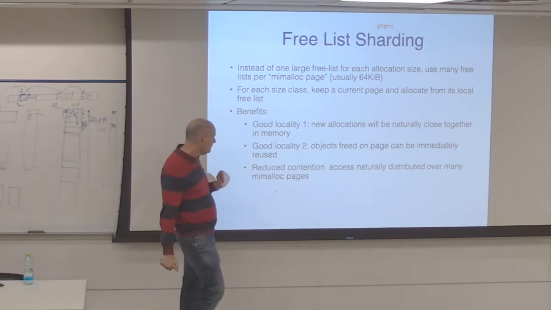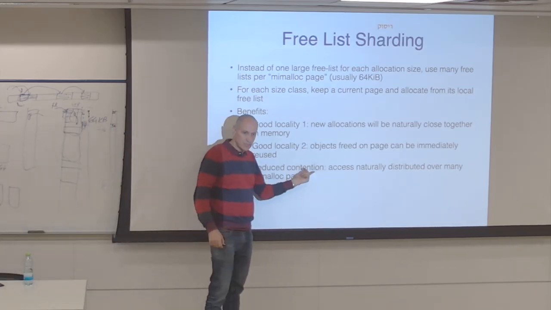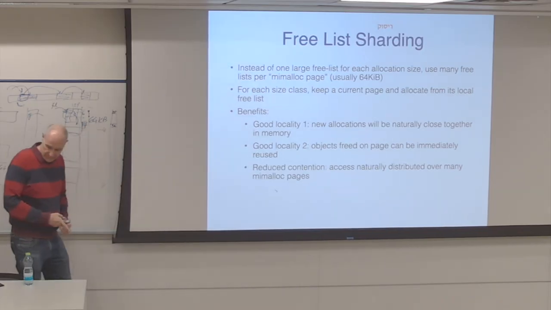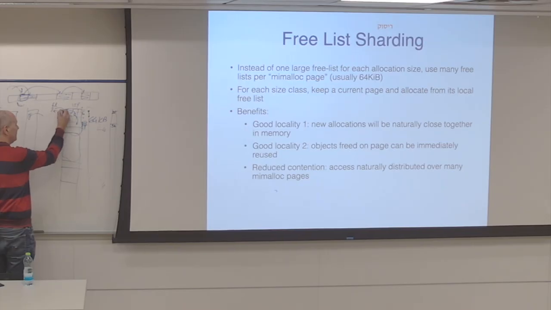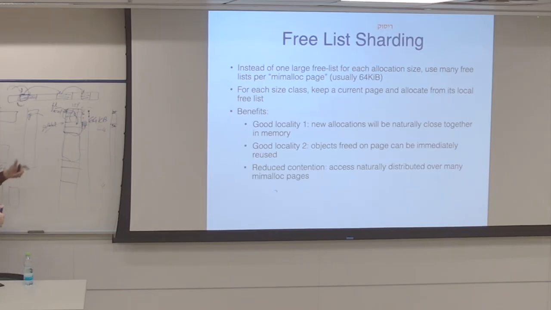And to reduce contention, I'll have two free lists. I have my local free list, and then there will be a global free list. I'm allocating from my local free list, and I can also free into my local free list. So I can add and remove things from the free list.